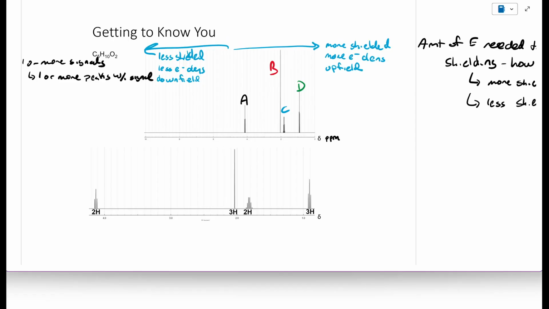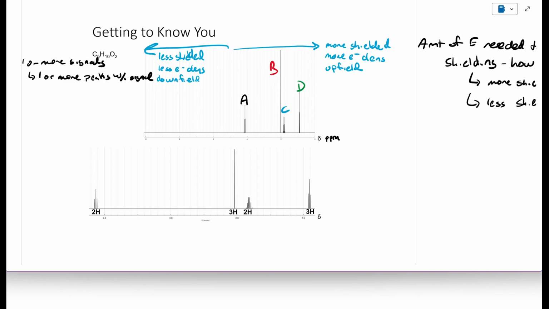They're less shielded than the hydrogens around signal D. But the hydrogens for signal C have more electron density. They're more shielded than the hydrogens represented by signal A. So those are just some of the terms that we use. We'll use them so often they should start to become second nature over time.